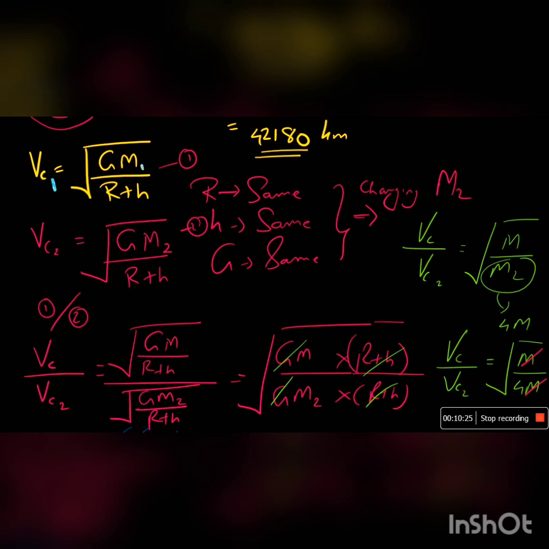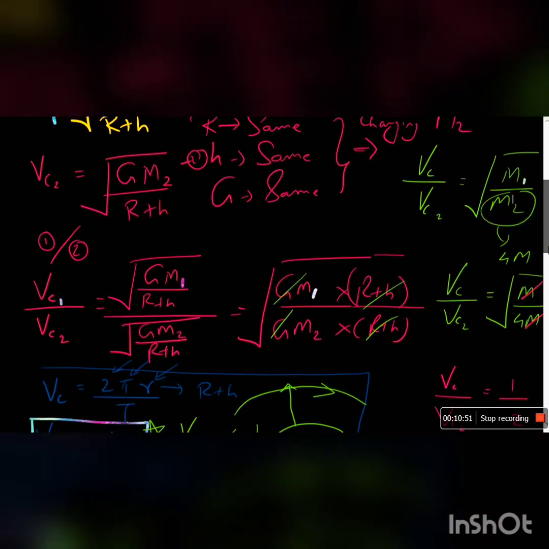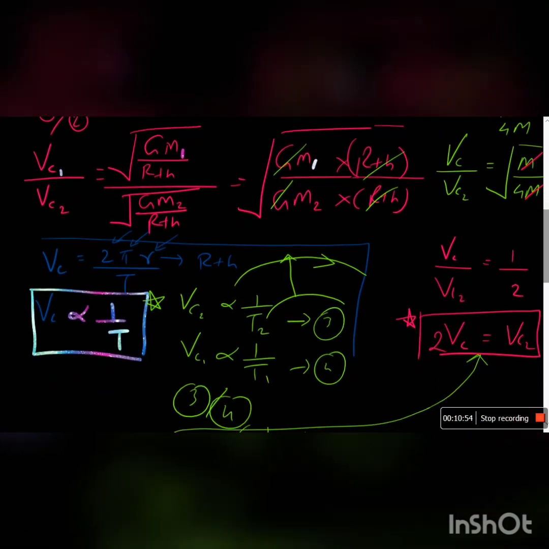We divided these, the denominator went off, leaving M1 upon M2. We substituted M2 equals 4M, as given, so critical velocity 1 upon critical velocity 2 equals half, so Vc2 is 2 times critical velocity 1. We are going to use this further.